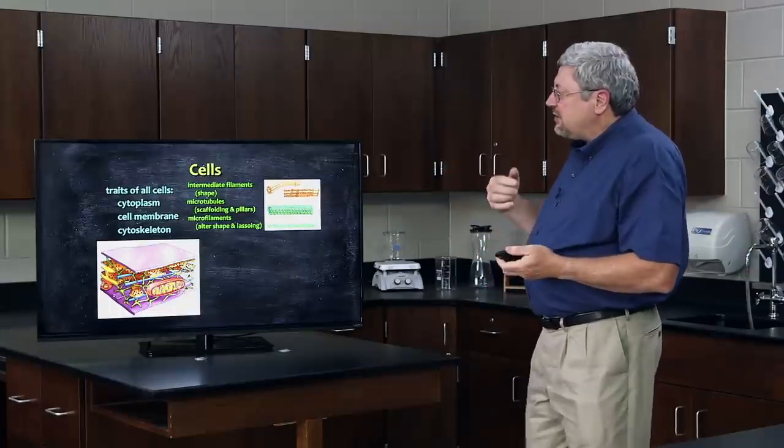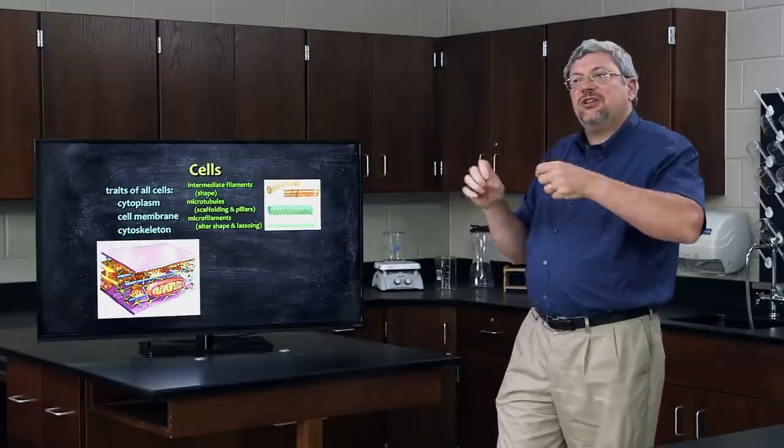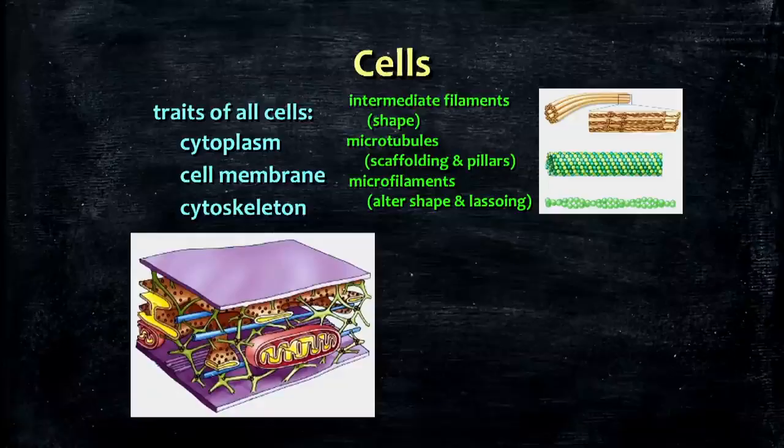The kinds of proteins that are found in the cytoskeleton include all sorts of different shaped and functioned filaments. There's some fine filaments, kind of analogous to ropes. There are some tubular shaped filaments, kind of analogous to pillars.